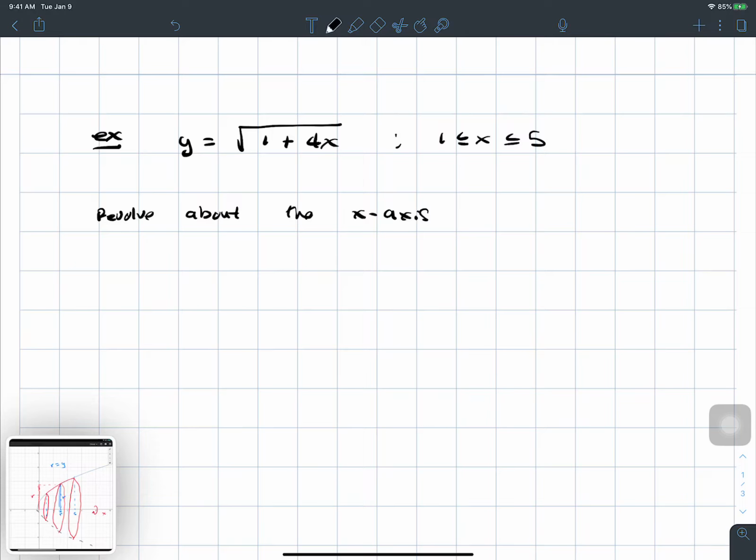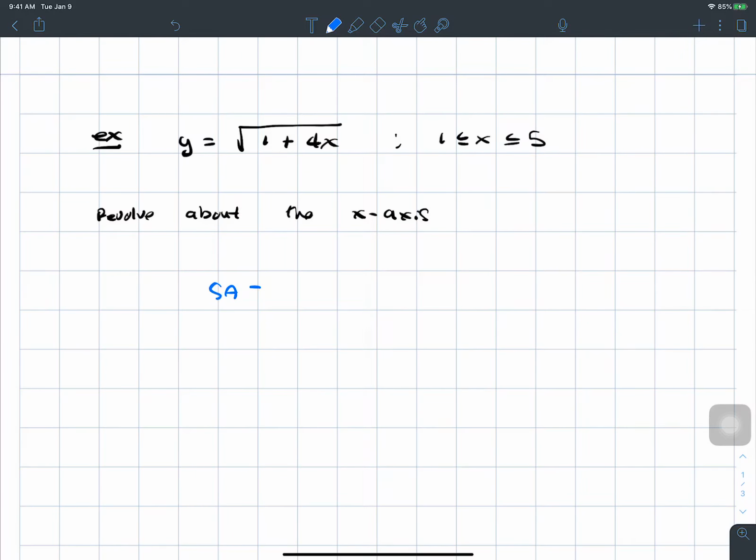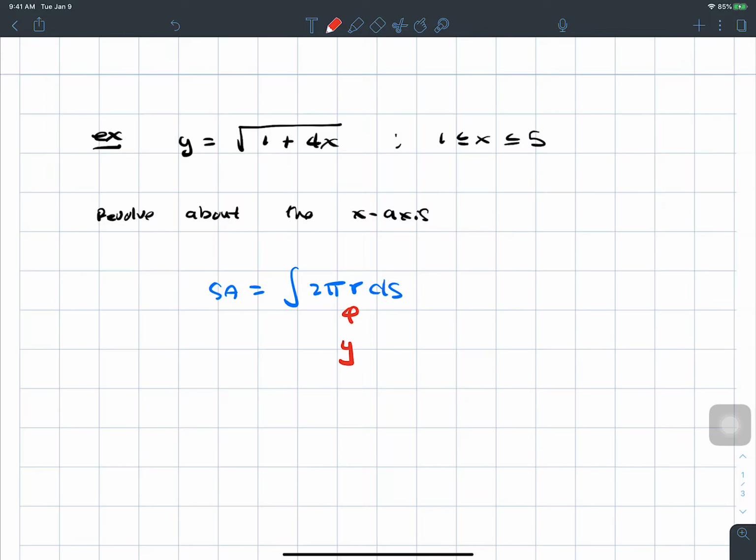Okay. So I want to notate this, because surface area is 2 pi r ds, and we found that radius to be y. Now that we know to use the y variable there, here's what I would remark to you. The question now becomes, what is ds?